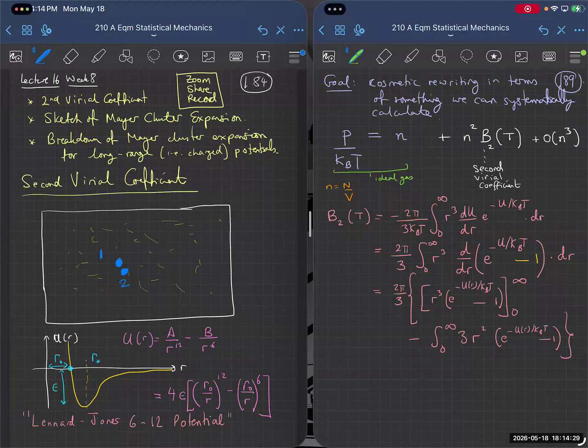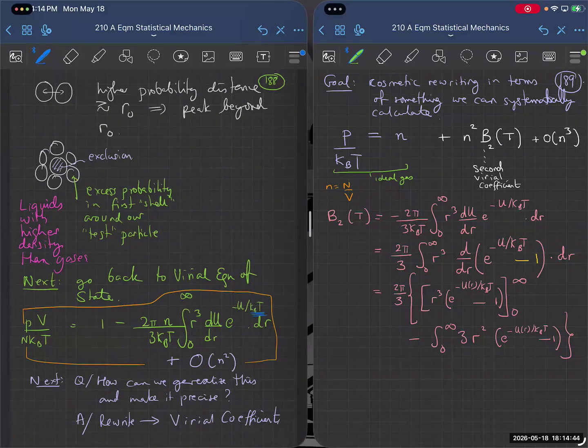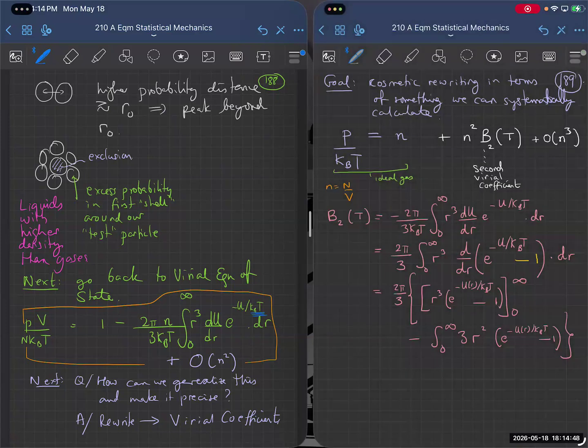So e to the minus u over kT is then just going to be e to the minus 0, which is 1. And so I've got 1 minus 1, so that's going to equal 0 too. So this trick that we did has meant that this term here is equal to 0 at both limits.